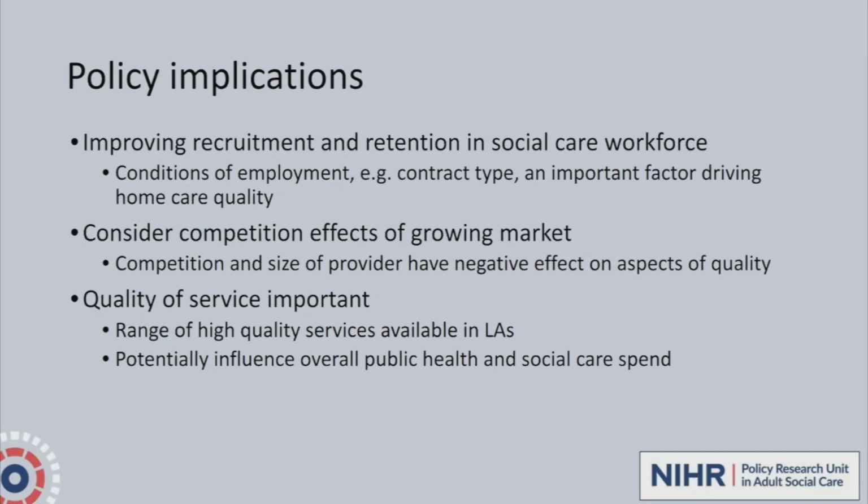We've shown that social care conditions of employment, such as contract type for home care workers and wage for care home workers, seem to be important factors driving quality in social care. That needs to be borne in mind as policy looks at ways to improve recruitment and retention.